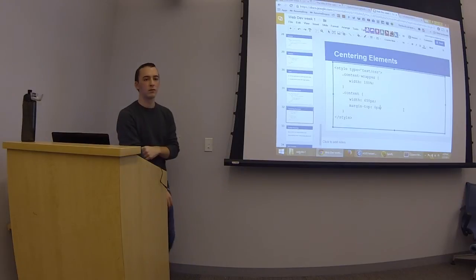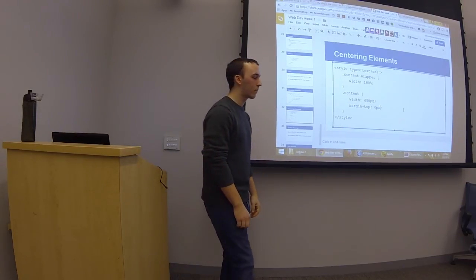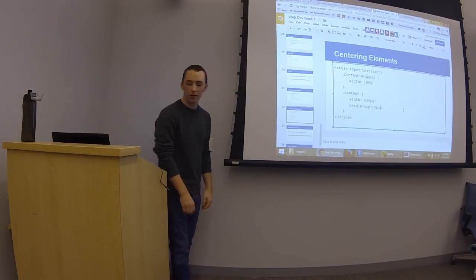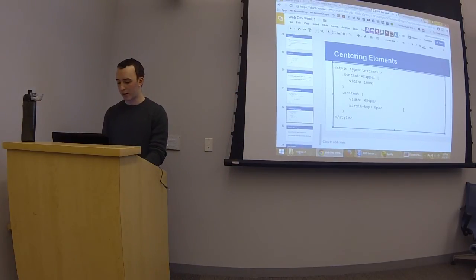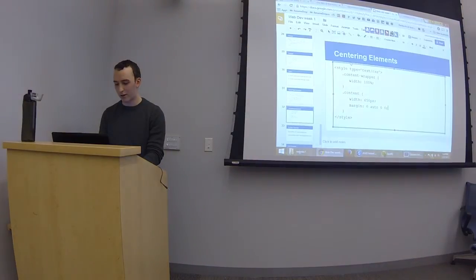Any questions? What if you just did margin right auto and didn't do margin left auto? I actually don't know. I've only used auto for centering. Let's try it out. So if we do 0, auto, 0, 0. Let's try it out.